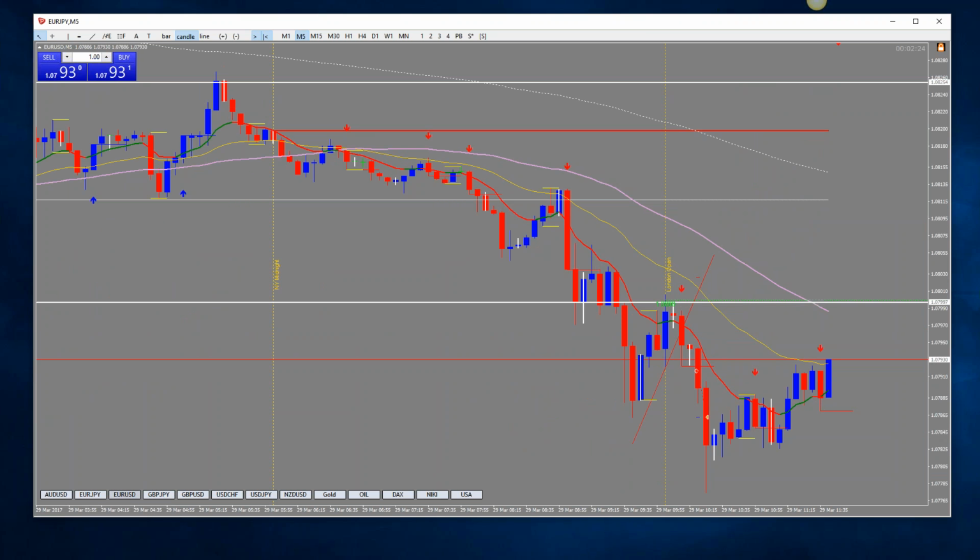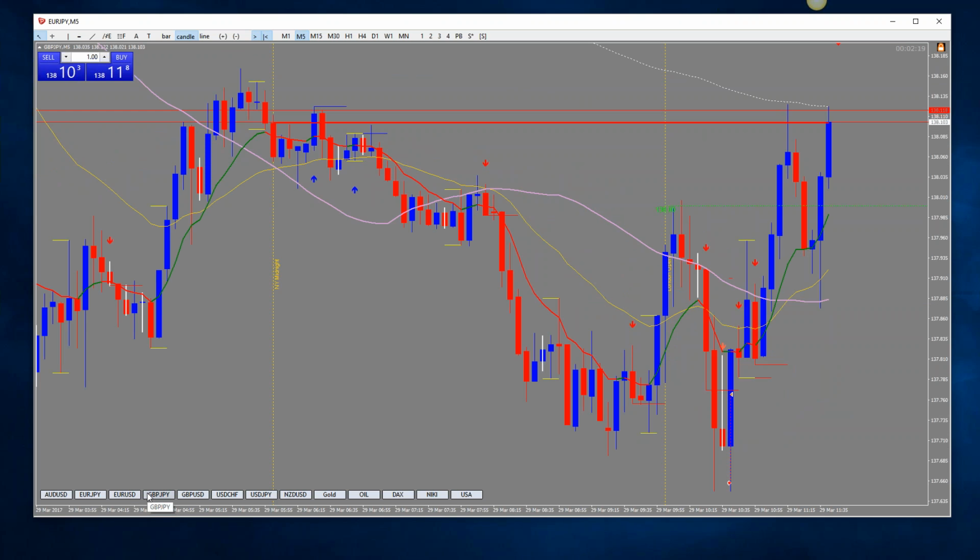Will it be recorded? Yes, we will record it and we'll post it for you guys. Is there any pair, or just the pound pairs? Which pairs do you trade? There's a lot of questions about that. As you can see at the bottom of my chart, these are the pairs. I used to trade 18 pairs, but I've cut way back. I trade Aussie dollar, euro yen, euro dollar, pound yen, pound dollar, USD CHF, US yen, and New Zealand dollar.